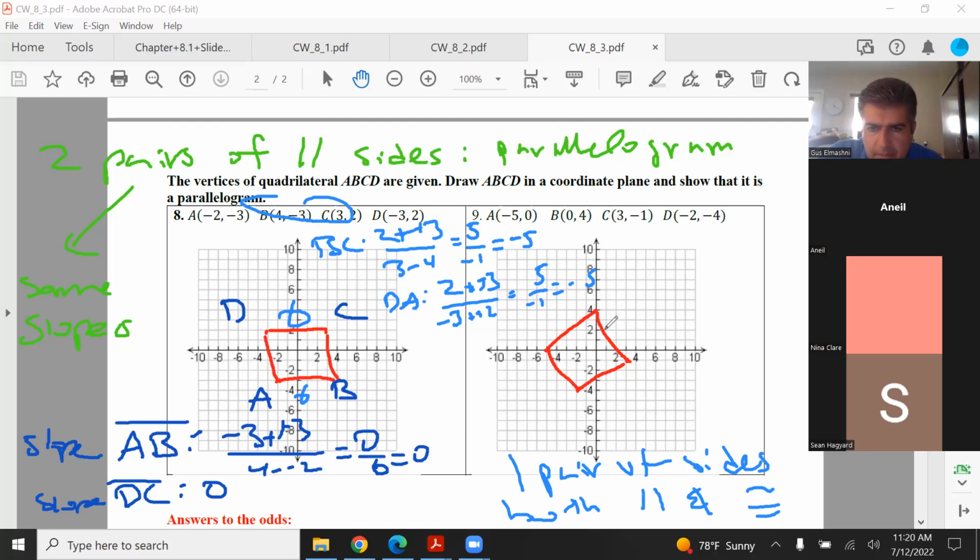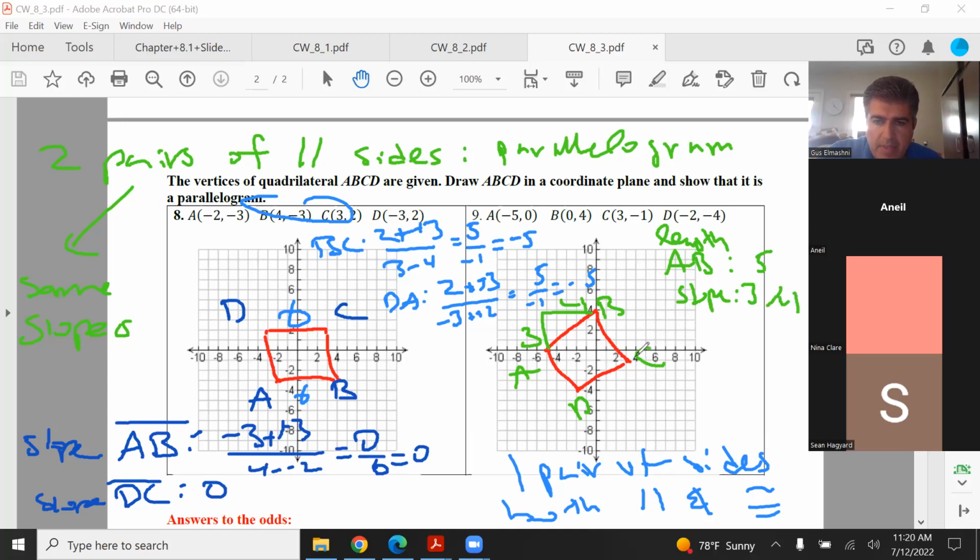And this last one here, we could probably take that same approach. So let's label this A, B, C, D. If I do Pythagorean theorem or distance formula, I find that the length of AB is going to be 5, and the slope will be 3/4 because you go up 3, over 4.